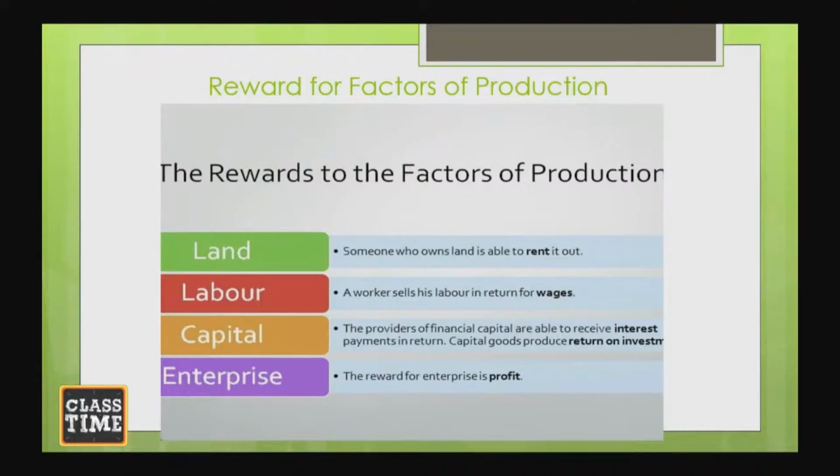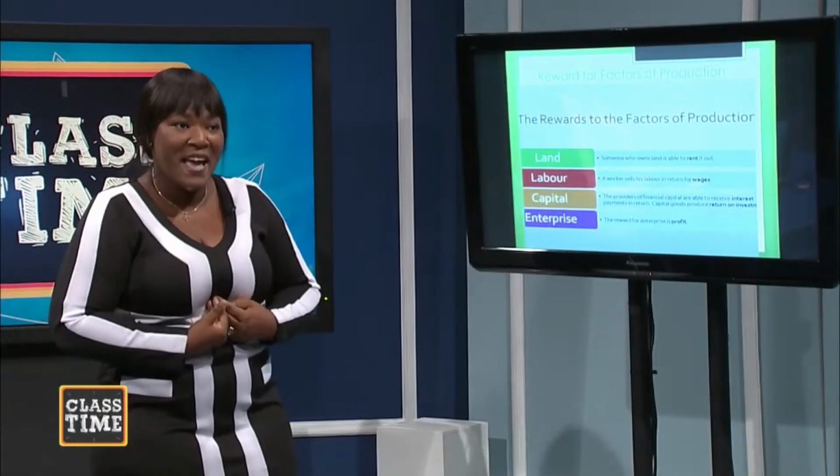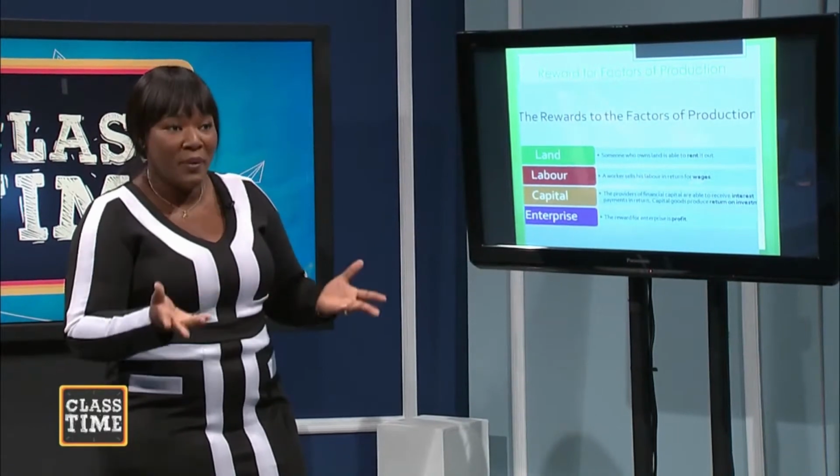Two, we look at a reward for labor. Now, I'm a worker on the farm, and I'm going to come to work for you. I'm going to sell my labor to you, so you have to pay me wages. So a reward for labor would be me collecting my weekly, daily, or monthly wage. Next, we look at capital. There's a reward function attached to capital.